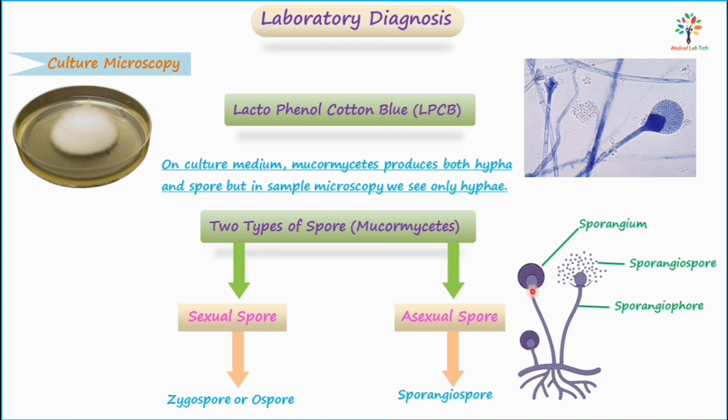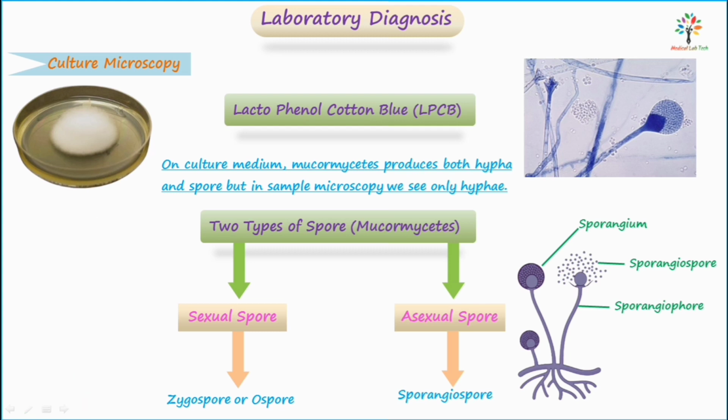The sporangium is developed on the end of the hyphae called sporangiophore. This is the sporangiophore. This is the sporangium. Inside the sporangium, sporangiospores are there. Three points you need to remember: sporangiospores, sporangium, and sporangiophore.